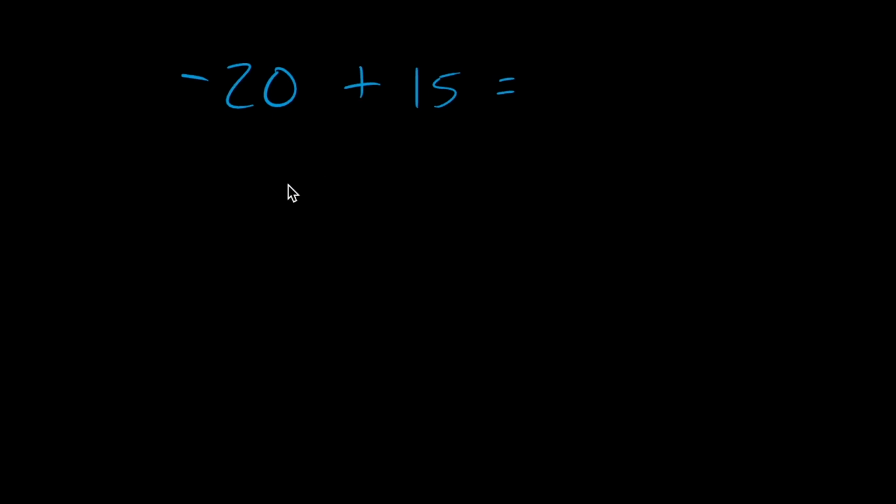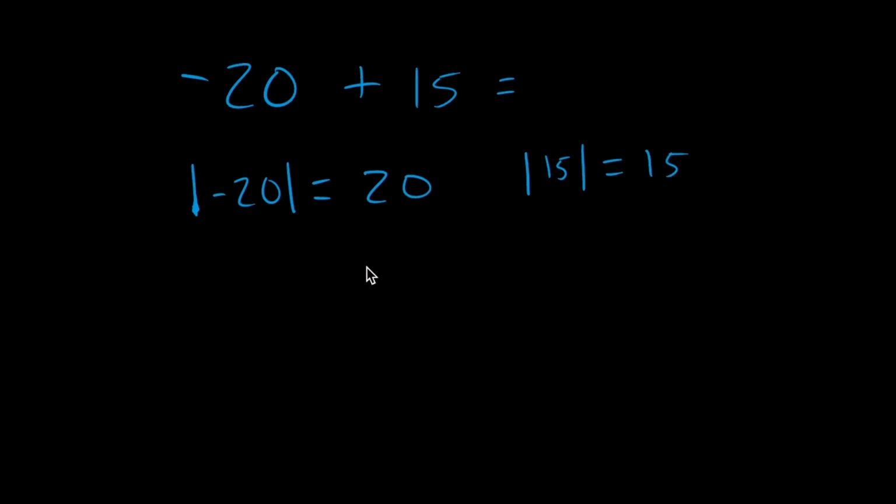So let's start with the absolute values. The absolute value of negative 20 is 20. So we're 20 units away from 0. And the absolute value of 15, we are 15 units away from 0.